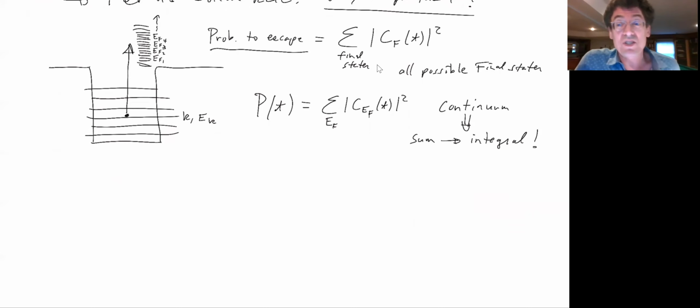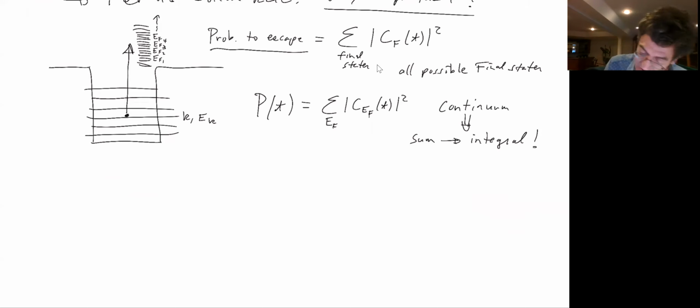If you've never seen this before, it might seem kind of weird to you, but I'm telling you, this is a situation that's very common in physics. We often are going into some set of continuum states. It's a common thing in physics. And so you have to convert your sum into an integral.